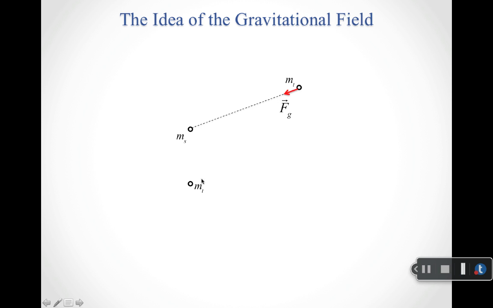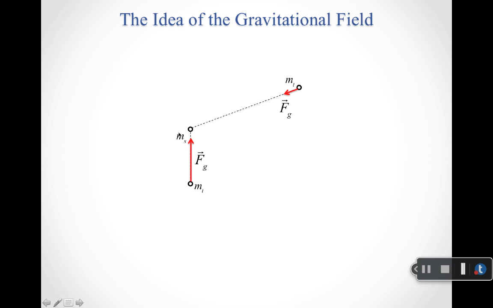Well, if I bring up a second test mass and put it in a different place, or maybe a better way to think about it is I move this test mass over, in terms of just probing this field. If I take my test mass and move it over, there's going to be some new line that I know my force will lie along, that the test mass will feel.